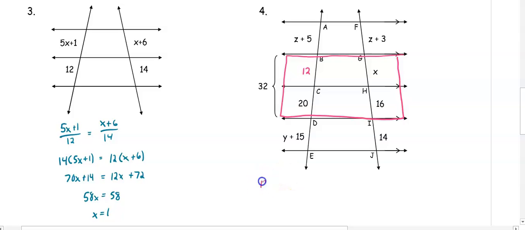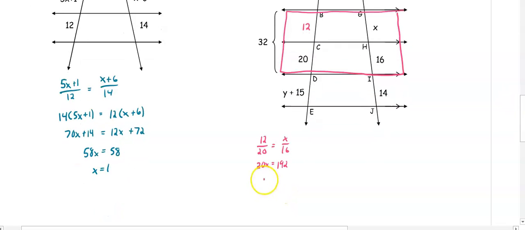So when I'm solving for x, I would have 12 over 20 equals x over 16. When we cross multiply, we get 20x is equal to 192. When we divide by 20, we get that x is 9.6.